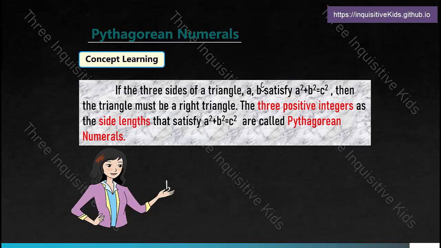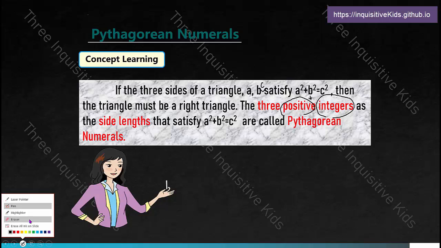The three numbers are positive integers, which means greater than 0 and whole numbers. The side lengths that satisfy A squared plus B squared equals C squared are called Pythagorean numerals.